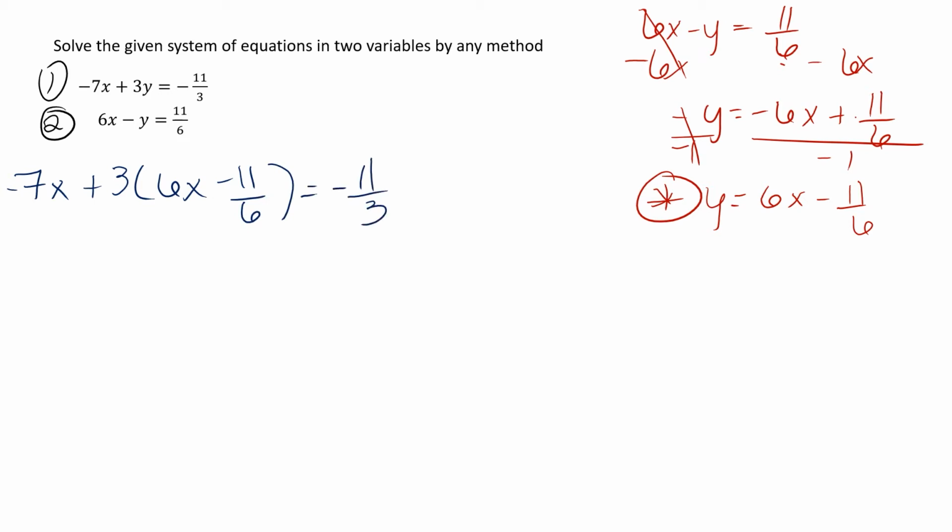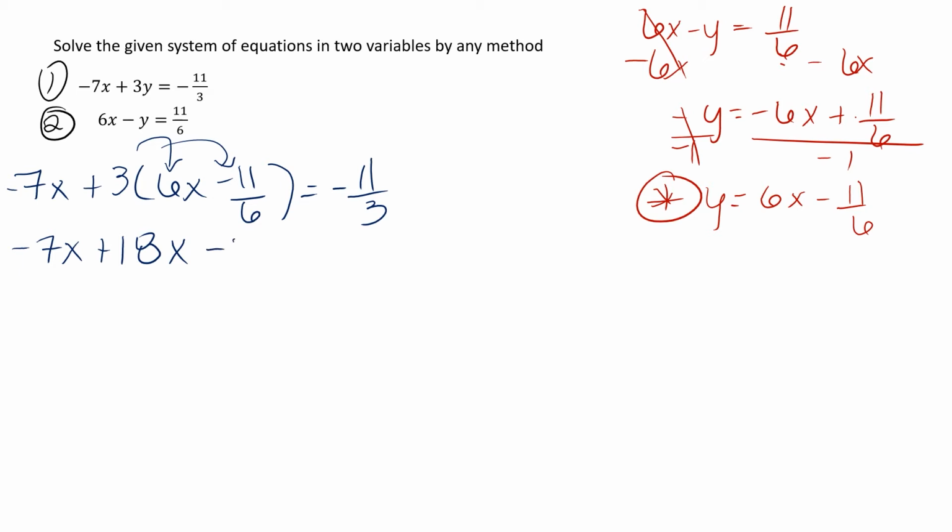From here, I'm going to distribute this 3. So I get negative 7x plus 18x. Now remember, when I distribute that 3, I'm only multiplying this 3 by the negative 11, because when you multiply fractions, you only multiply straight across.